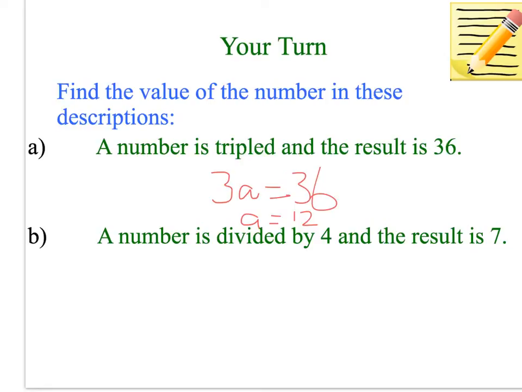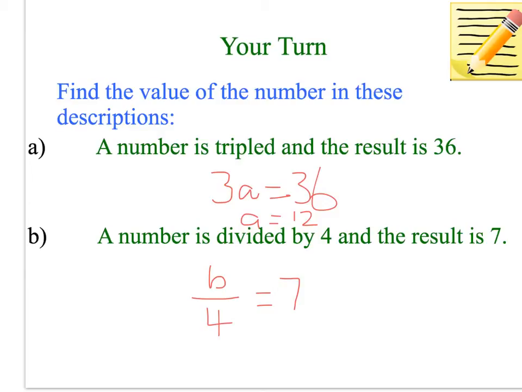Alright, next one. A number is divided by 4 and the result is 7. You need to pause the video and work that out. When they say a certain number, you just use a variable to represent that number. So we can use B. A number is divided by 4, and the result, the answer, is 7.